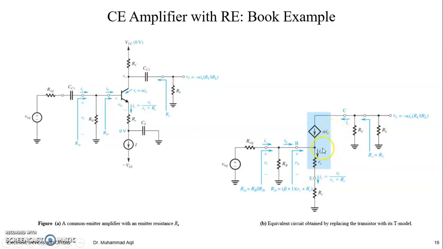So he used alpha IE. So there is the current through this resistance going here. If you neglect this one, you are actually writing the value of V out excluding RL. It means you are considering finding AV naught, right? So R naught is RC, but with RL you would have this relation, minus alpha IE. So when you put IE here, you can put it here to find V in, then you can find AV and AV naught.